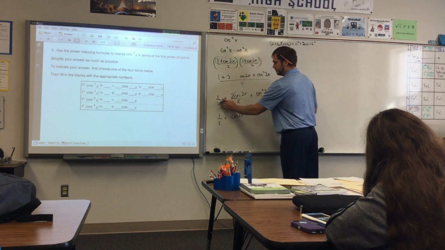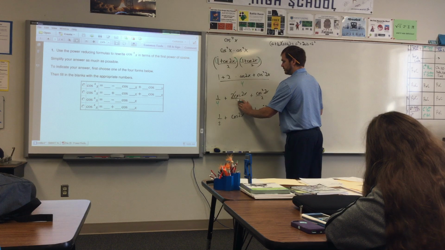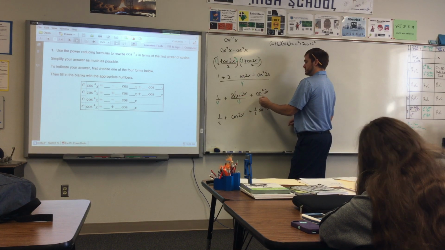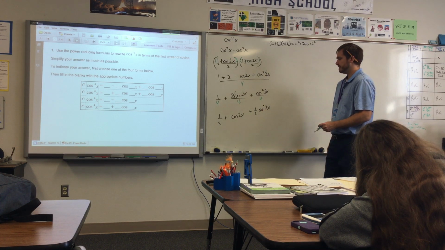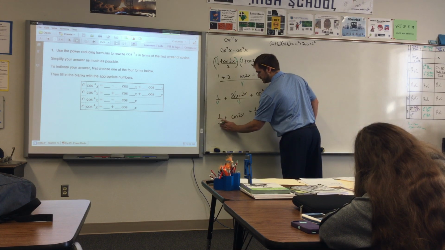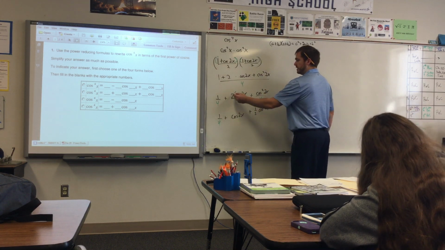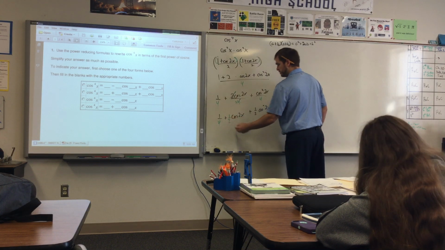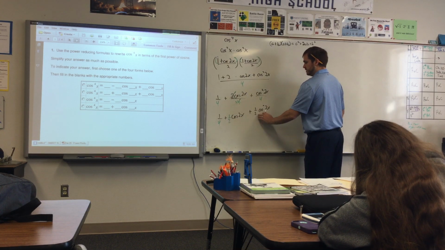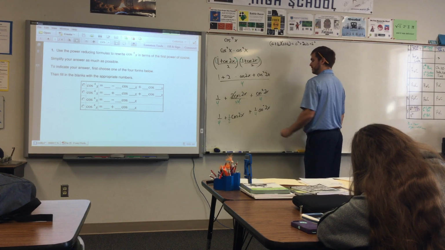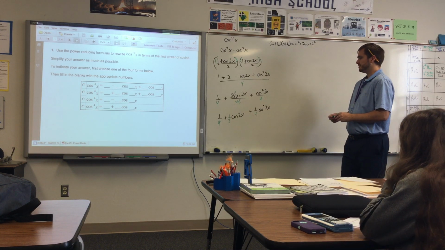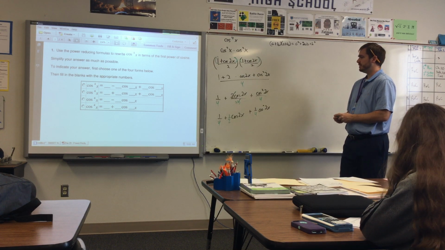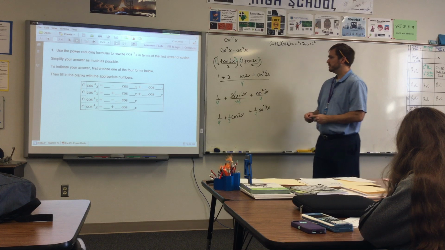Which means when I split this up, this should be 1/4, 2 cosine 2x over 4, and cosine squared 2x over 4, so I use pencil. And so this is 1/4. That 2 and the 4 reduced to a 1 and a 2, so this should be 1/2 cosine 2x, and this right here should be 1/4. I haven't answered your question yet, but we fixed a problem that was present.